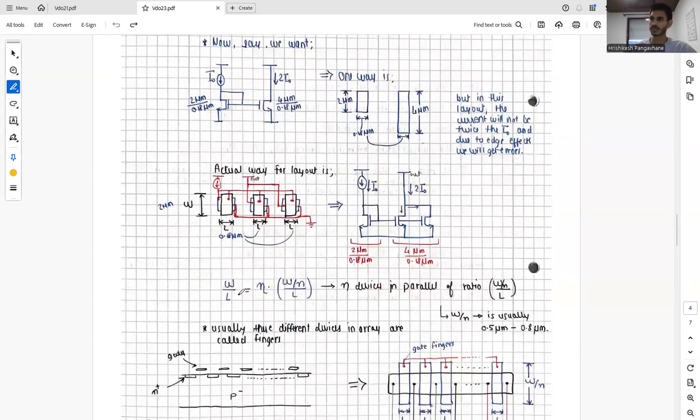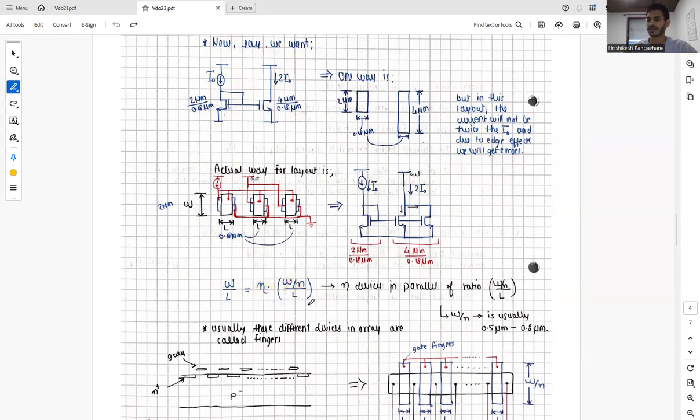So what we can say from this structure is we have a W by L ratio of n times. This is the multiple factor by which we want to increase our replica current: n times W by L.